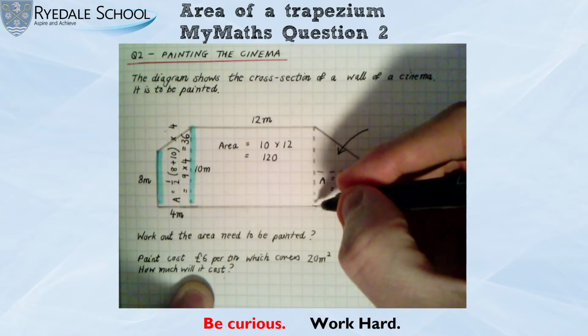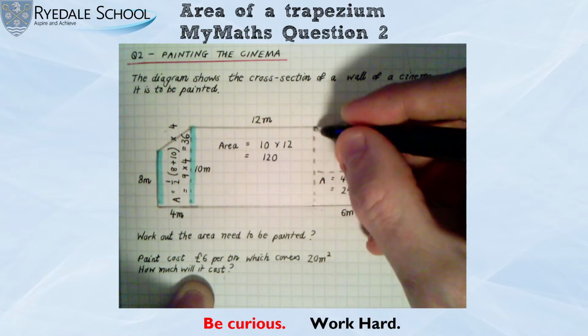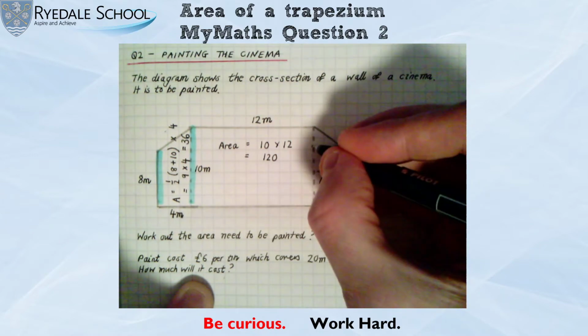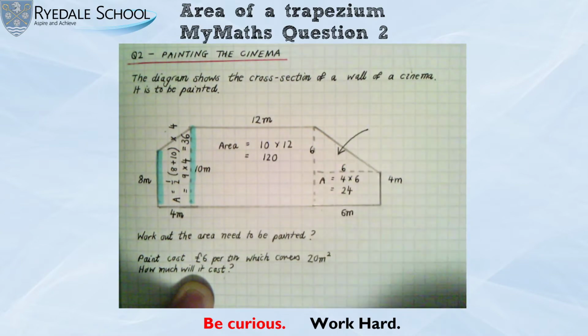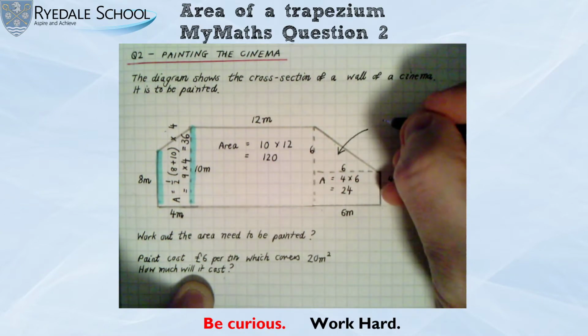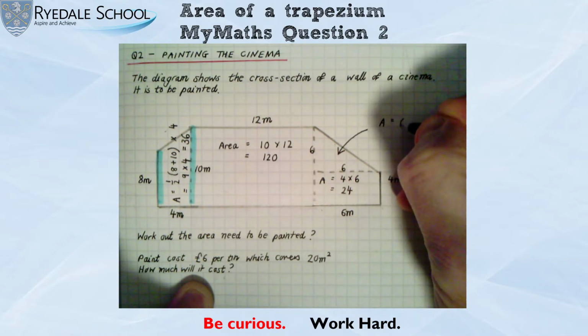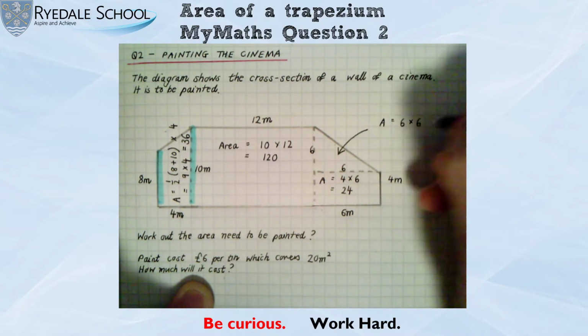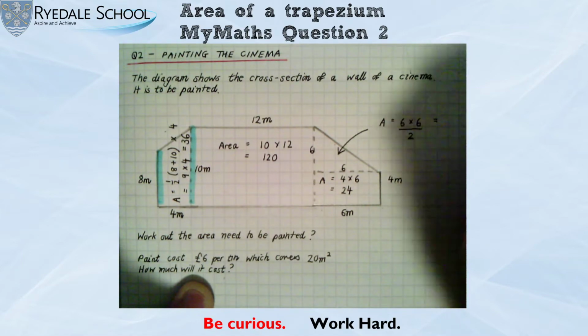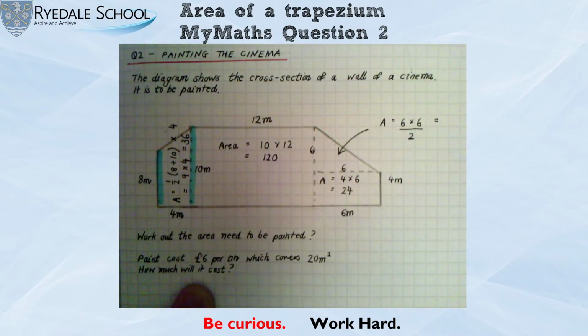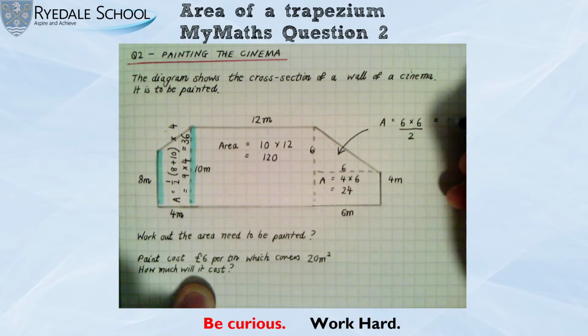So in order for it to be 10, this vertical height here must also be 6. So the dimensions of my triangle are 6 along the bottom and 6 up. So to do the area of a triangle, I need to do 6 times 6. But remember, it's a triangle, so I will need to divide that by 2. 6 times 6 is 36. Divided by 2 is 18.